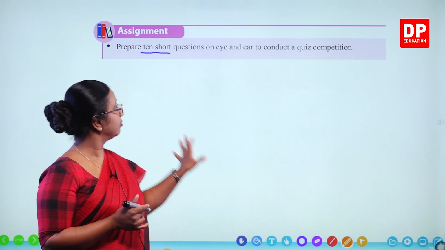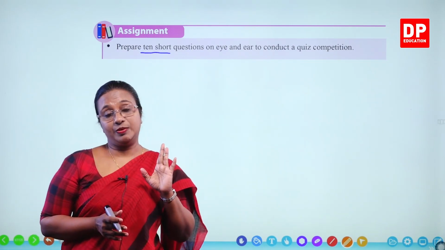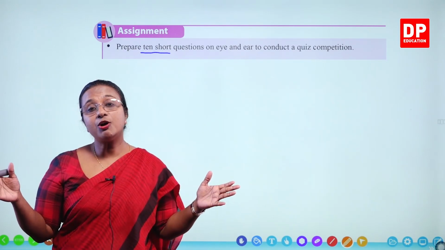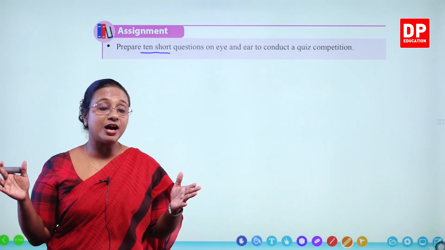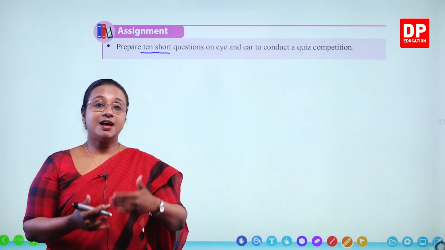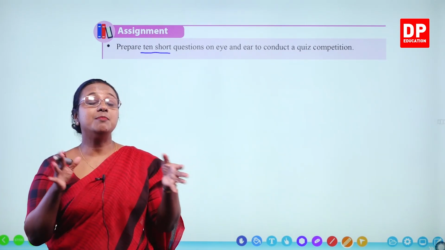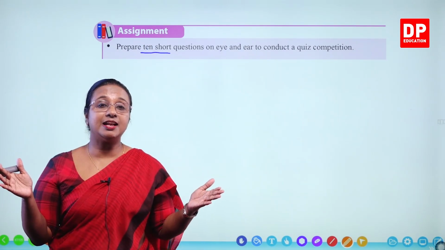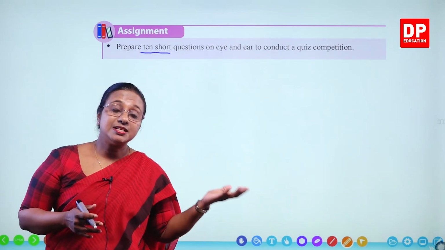Here, what they want you to do is make 10 short questions. You have to remember that when it is a quiz, you can't give a long question or a question that has a long answer. It has to be short answers. For example, you can ask, write the 3 main parts of the ear. Outer ear, middle ear and inner ear. Something like that. What type of lens is present in the eye?